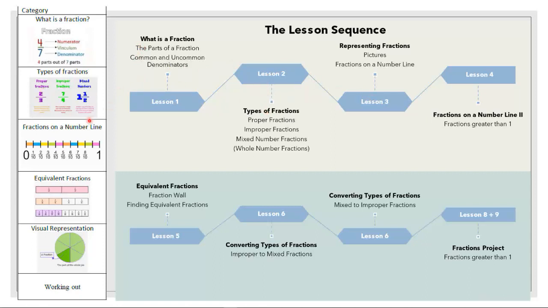Lesson 3, representing fractions on a number line, and then we're representing fractions on a number line again because we felt that we want to really reinforce that concept. Then we talk a little bit about equivalent fractions, and then we go back to the different types of fractions and we learn how to actually convert between those two types of fractions.